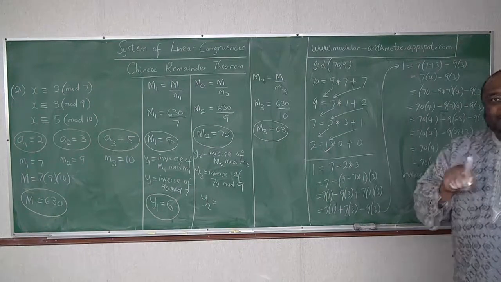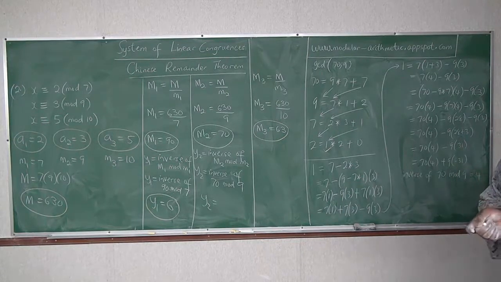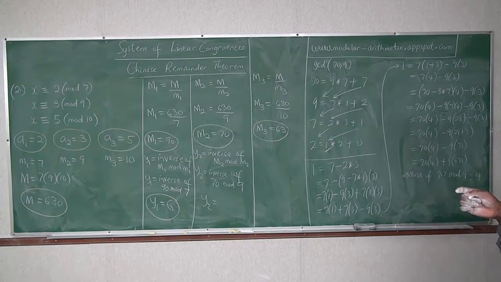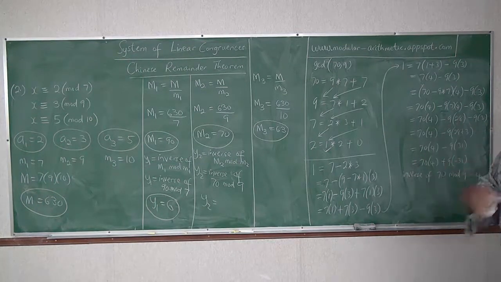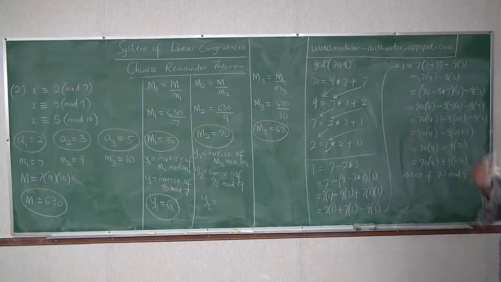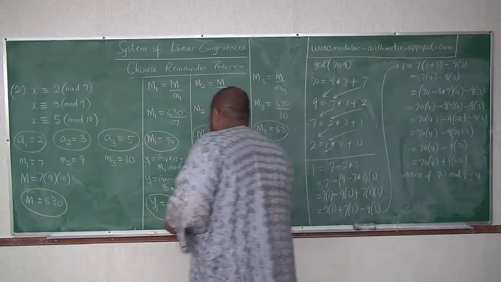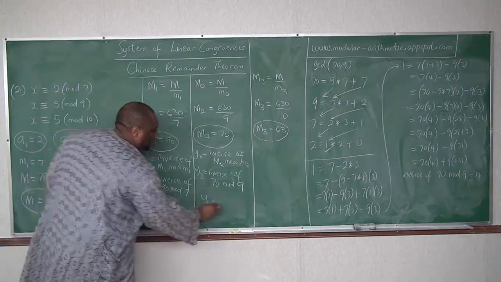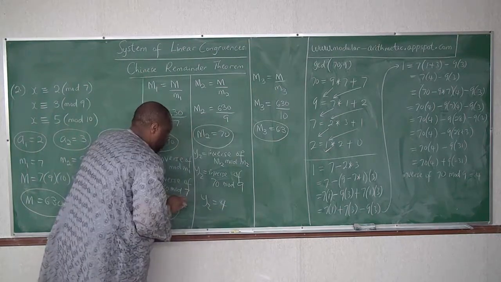Let us check it. 70 times 4 is 280. 9 times 31 is 279. So 280 minus 279 is 1. It's good to always check it. So this y2 is 4. Let me write this down. y2 is 4. We circle it.